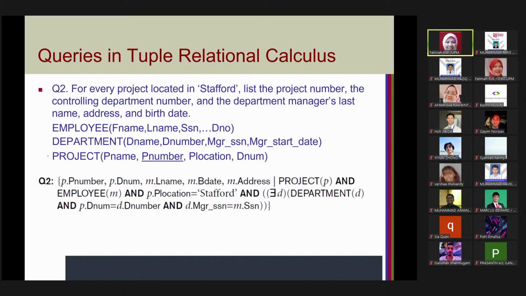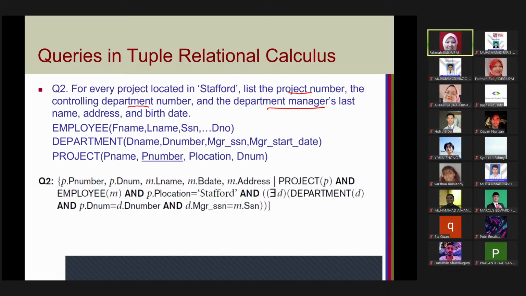So, to write it in the form of relational calculus: we want the project number, the controlling department number, and the department manager's last name, address, and birth date.